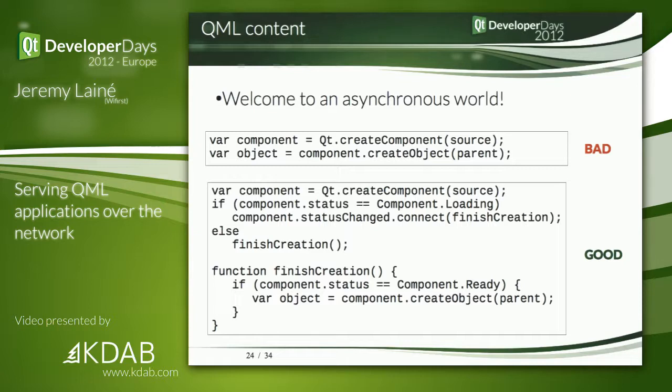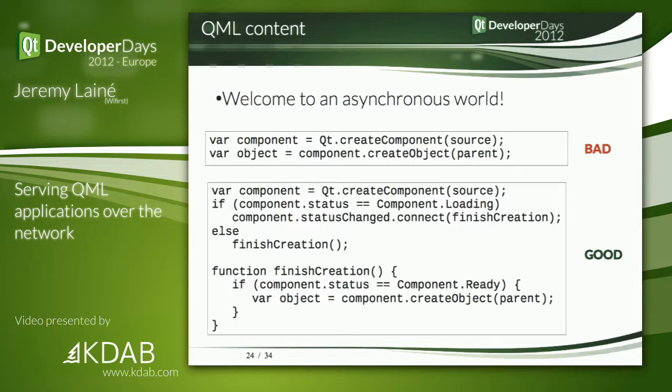There are cases where you're going to want to dynamically instantiate a component, in which case you can use the Qt.createComponent method, which takes a URL, which is the source, and then once you've got this handle on the component, you can create instances of it.